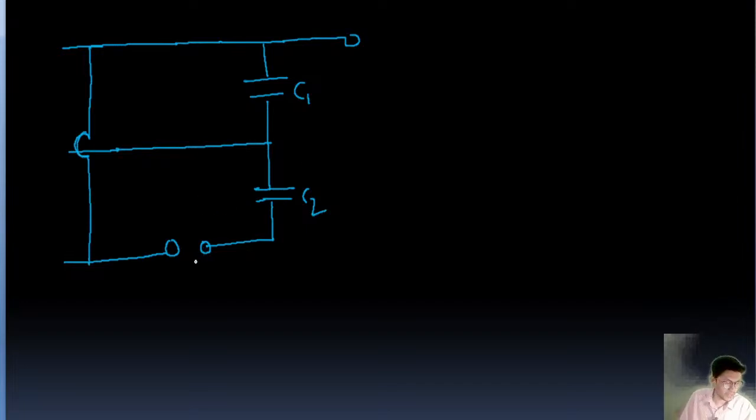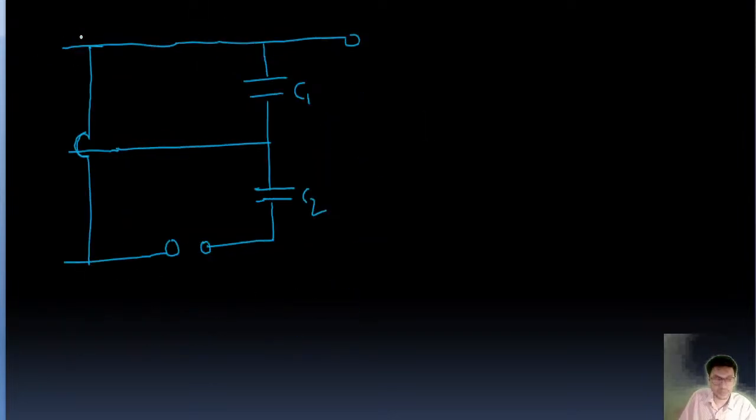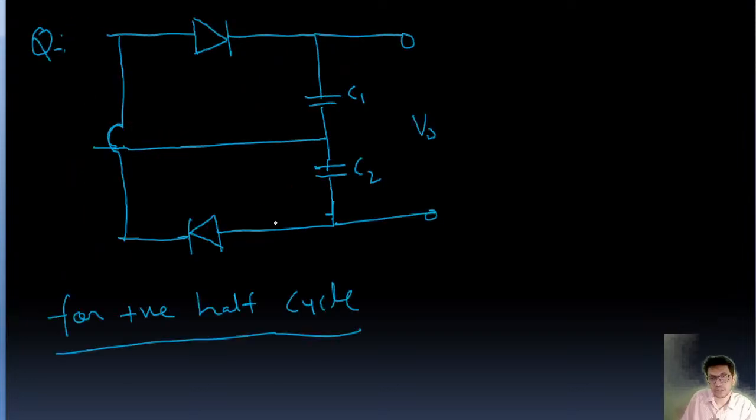So because this is open circuited and this is short circuited, because we are giving positive half cycle, right? That is plus Vm we are giving for the positive half cycle.